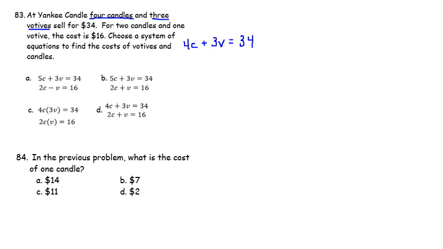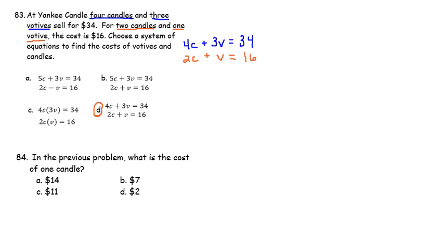Okay, and then our other equation, we've got 2 candles, so it's going to be 2C, and 1 votive, so all we need to do is just put a V, and the cost is 16. So now we just need to match which one that is, and it looks like that would be choice D.